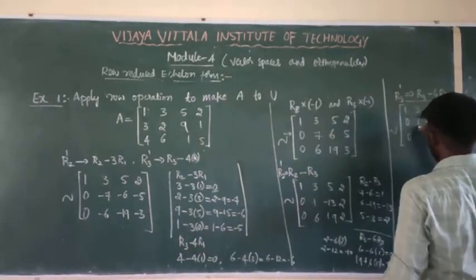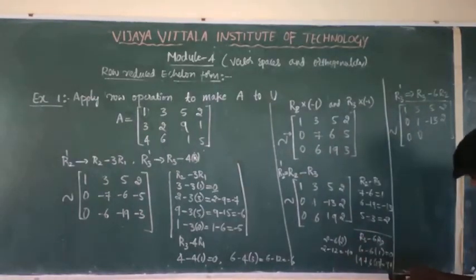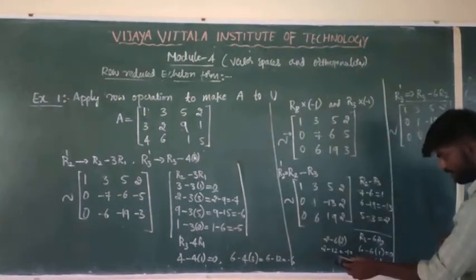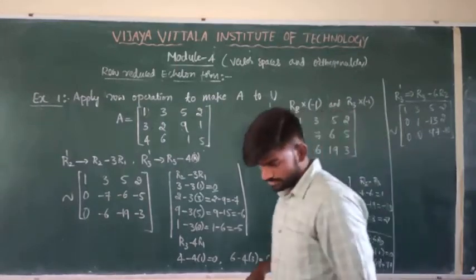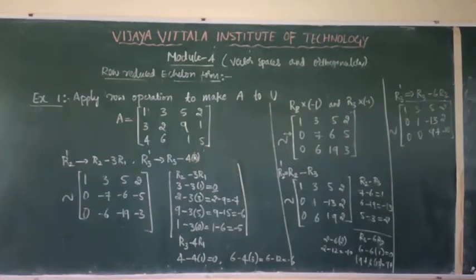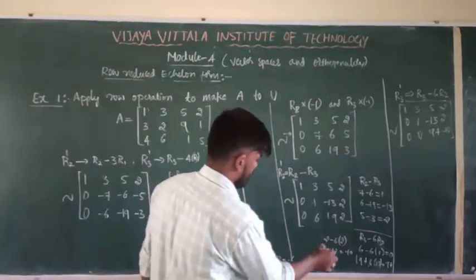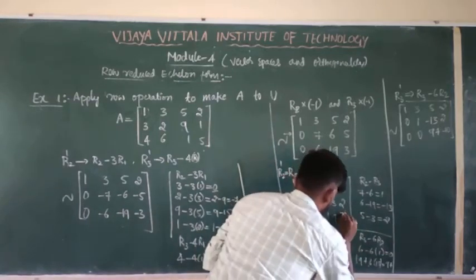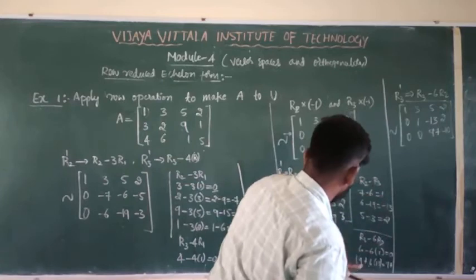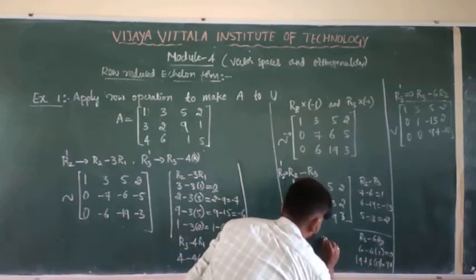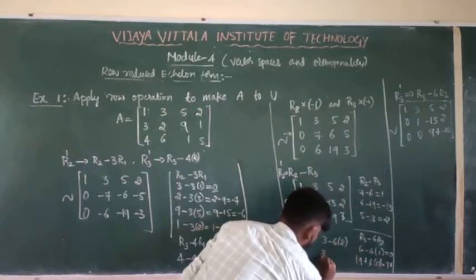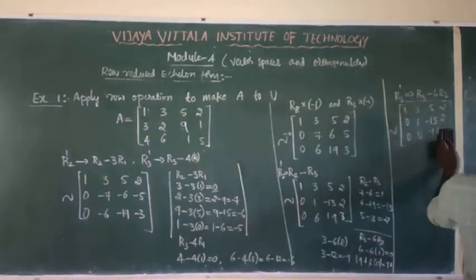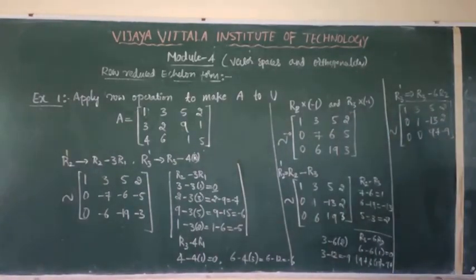Therefore here 0, below that we make 0, and 97 here, and here minus 9. Therefore, we make this element 1.